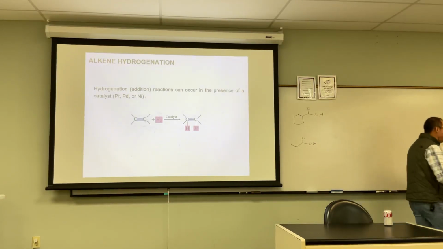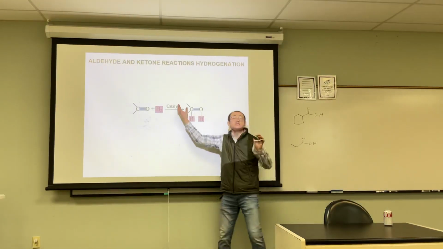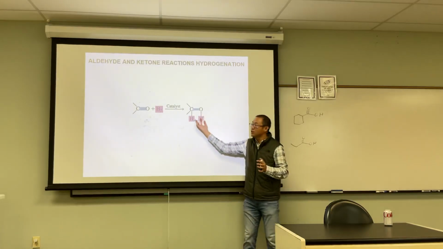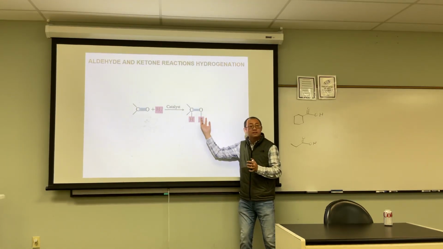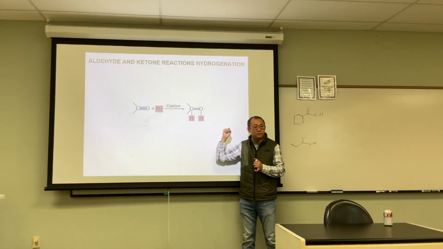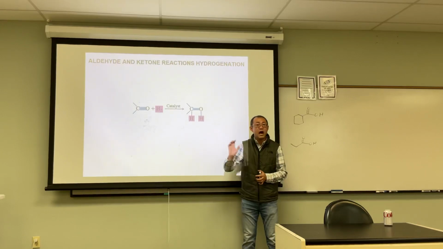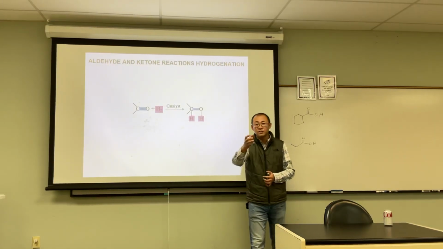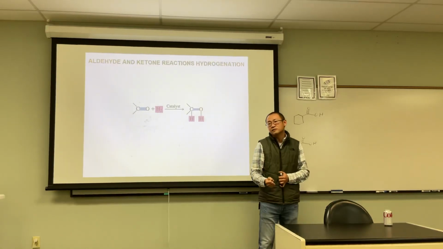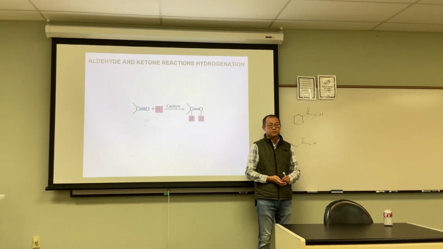Because hydrogenation uses hydrogen, take a look. After we add hydrogen, we added C-H bonds, right? We call this process reduction, which is the opposite of oxidation. What is oxidation? Remove C-H bonds. Then when you add C-H bonds, it's called reduction.